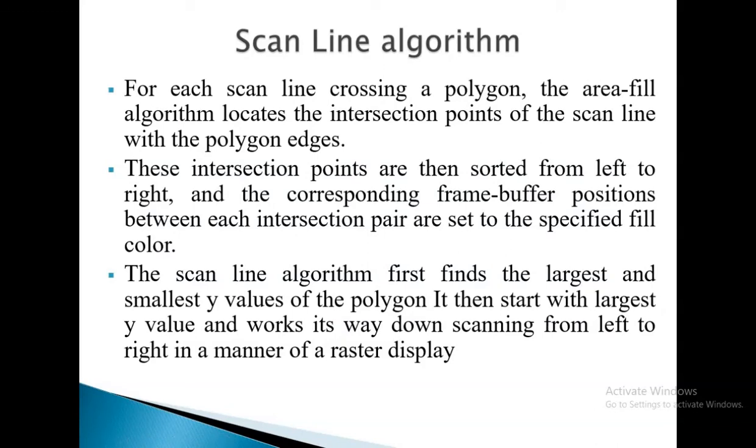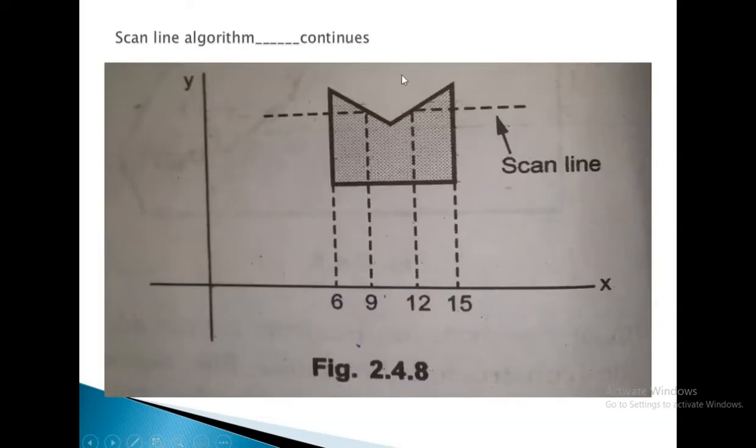So the next point is the scanline algorithm. For each scanline crossing a polygon, the area fill algorithm locates the intersection points of the scanline with the polygon edges. These intersection points are then sorted from left to right. Here is the figure. We draw the scanline and find the intersection points where the scanline crosses the boundary of the polygon.